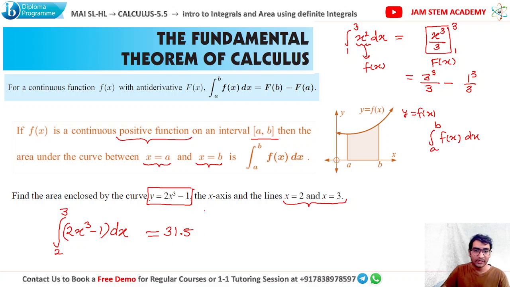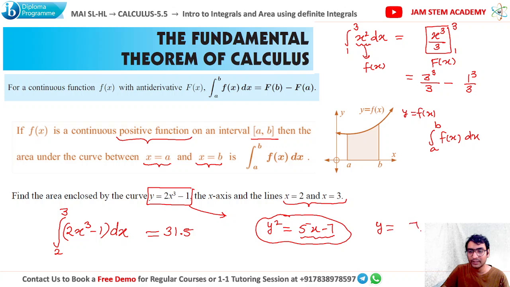Okay. And one more thing, if instead of this expression they say the equation of the curve is y squared is equal to 5x minus 7 or something like this, in these cases first you need to find the value of y in terms of x. So you cannot enter this 5x minus 7 as your f of x here. No, that's not f of x. You have to find the value of y, which comes out as the square root of 5x minus 7. Plus minus are there. This time, if there is a symmetry or depending on the problem, we can take the plus or minus sign accordingly.